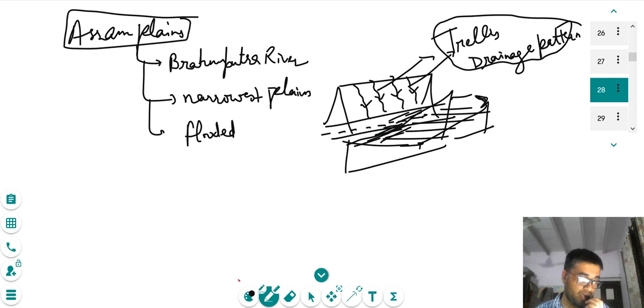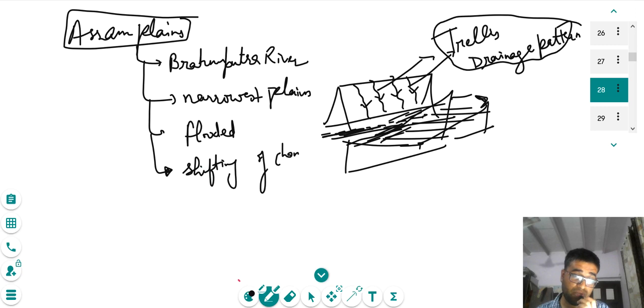And the river Brahmaputra, which flows in the Brahmaputra plains, is prone to shifting of channel, and this shifting of channel leads to flooding, right? So this is the Assam plain and something about the Assam plains.